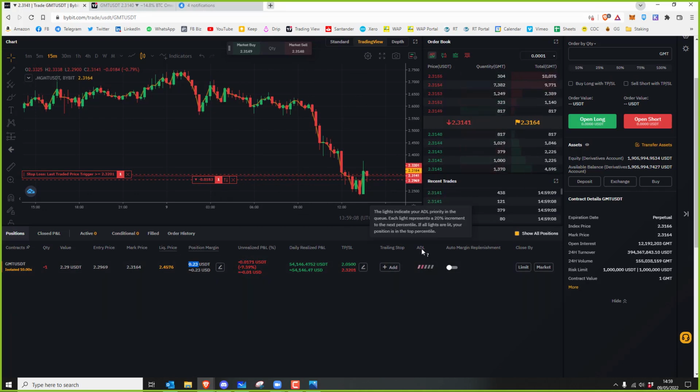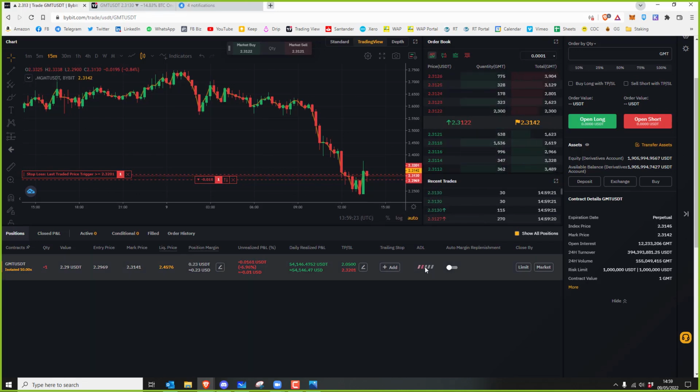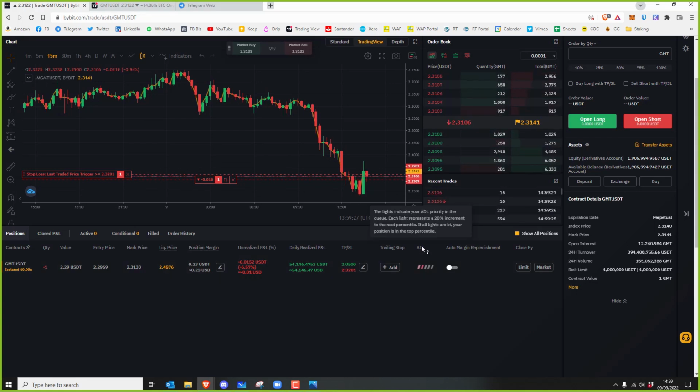So the ADL is basically for, with my very limited knowledge, when your account has a margin call and starts liquidating trades, it judges each trade by how big it is and in which order to liquidate your trades. So it has a smart way of how it liquidates your trades.